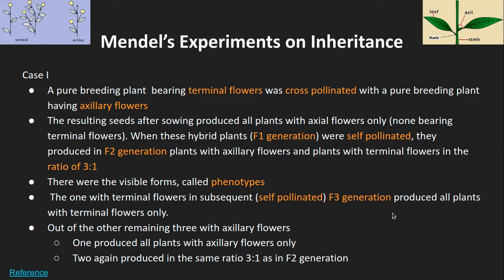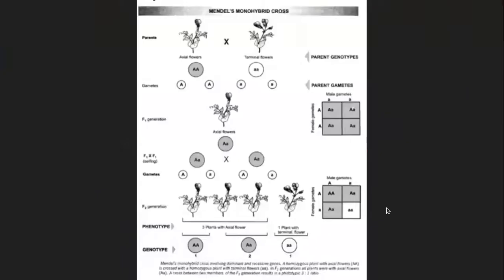So for this phenotype shown at the last from the F2 generation, terminal flower, the alleles are small a. When small a is crossed with small a, it always produced terminal flowers and never any axillary flower. The reason being, this is the purest breed now.